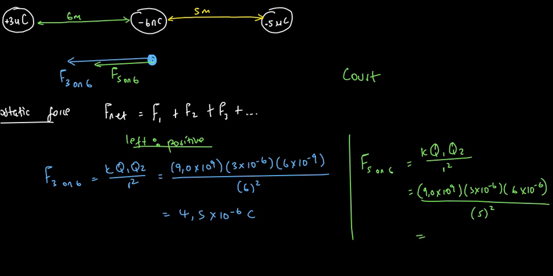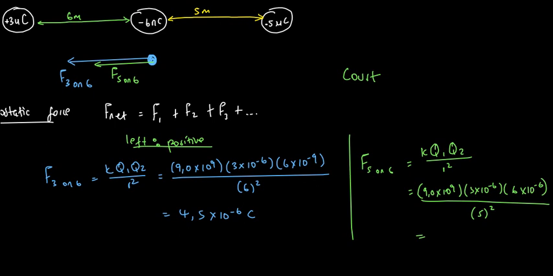Okay, a lot going on there. 9 times 5, 45. Oh, wait. 9 times 6, 54. So 54 divided by 5, good people.